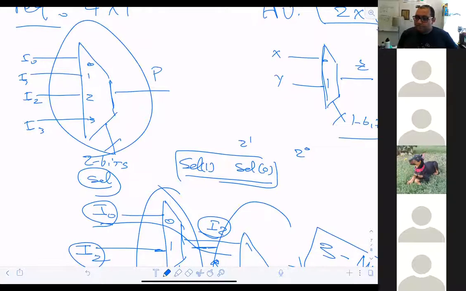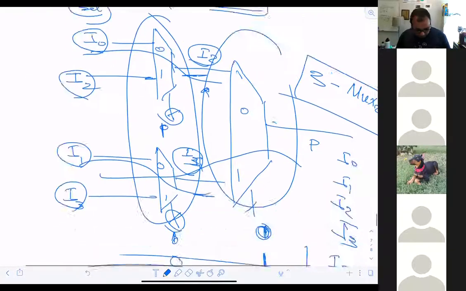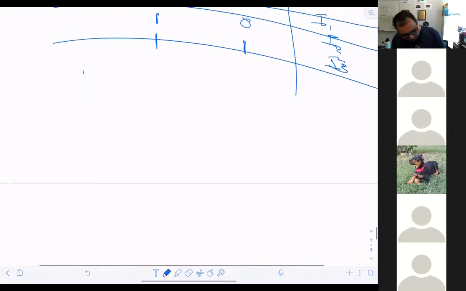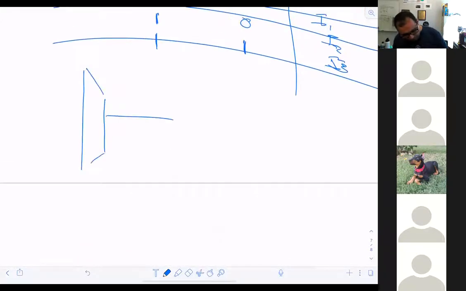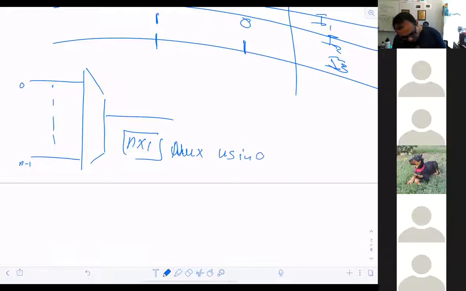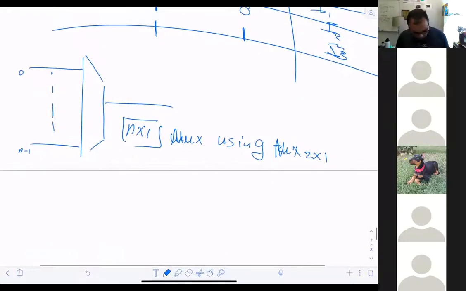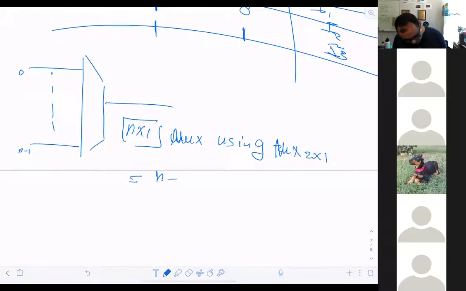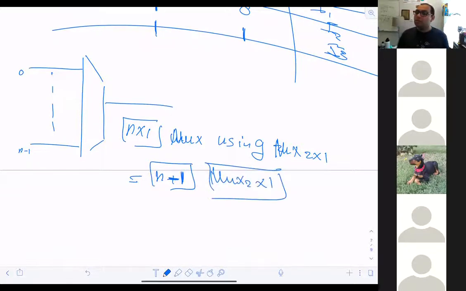Sounds good? So I can come up with a very nice rule saying that if I would like to build an nx1 MUX using MUX 2x1, I need n minus 1 MUX 2x1 to build it.